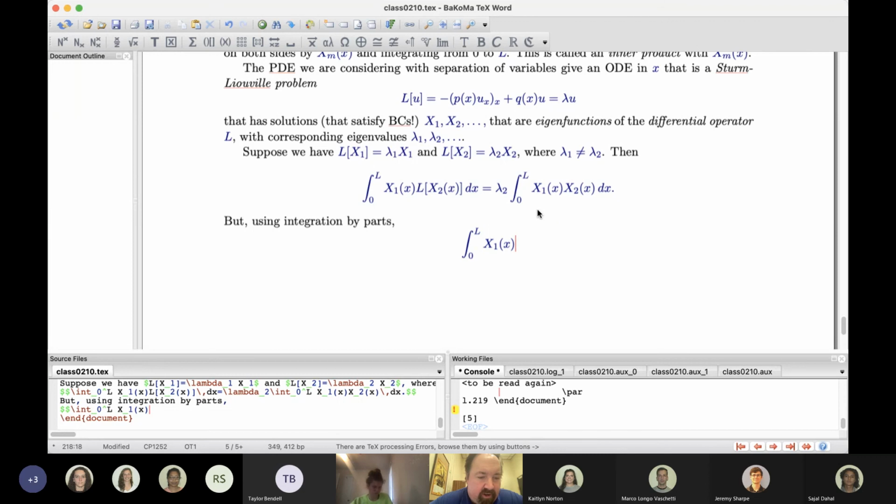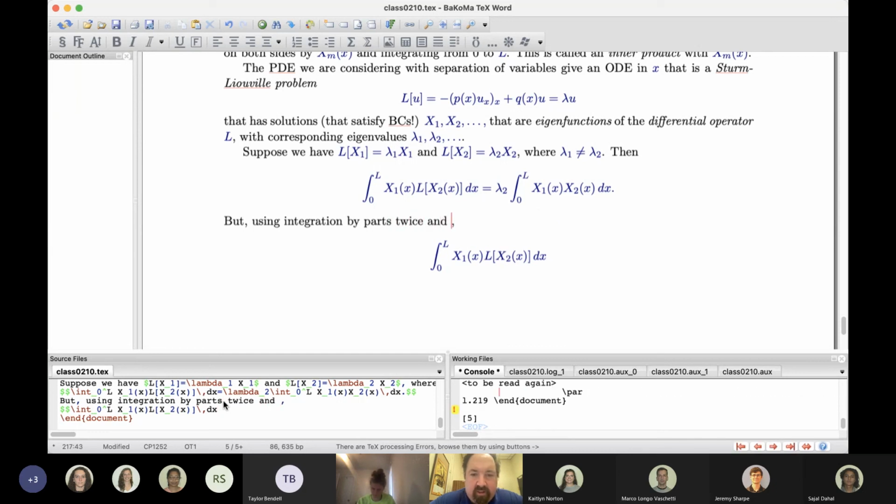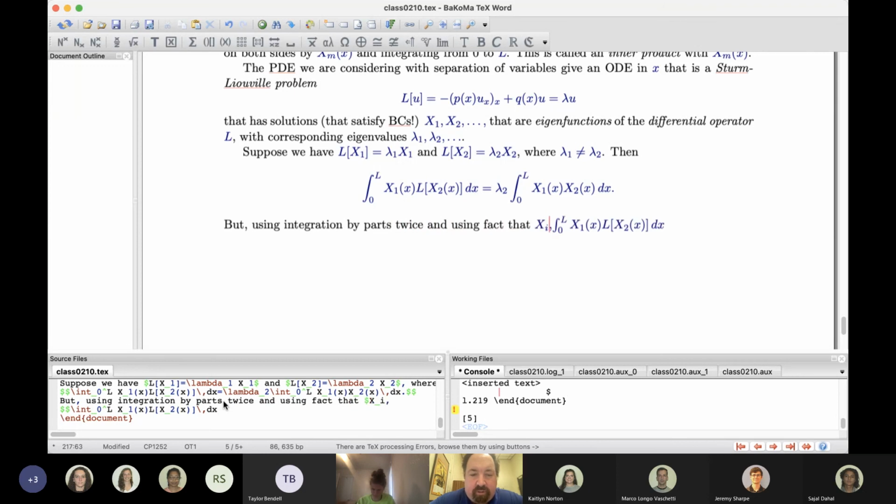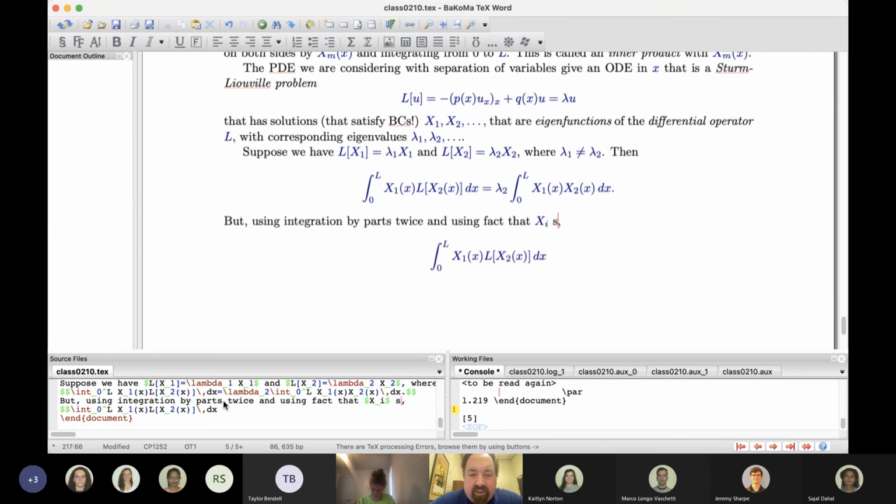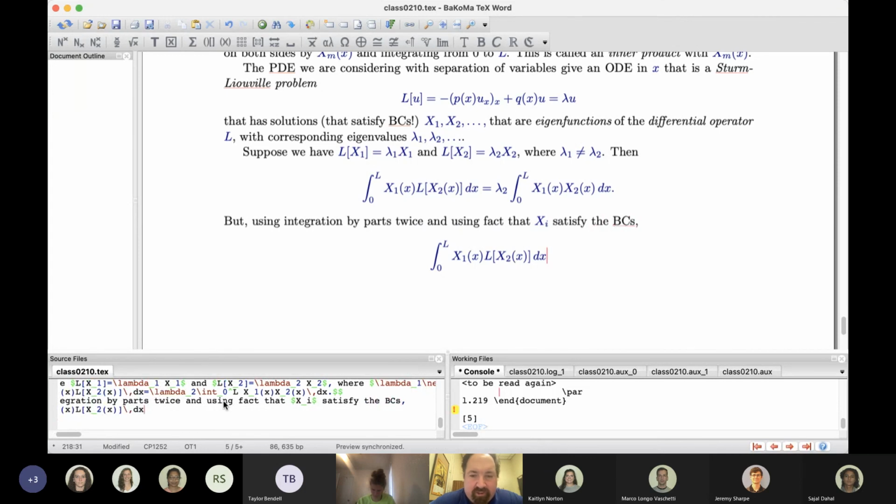I won't go through all the details here, but this same integral, using integration by parts twice, and using the fact that both of these functions, the xi's, satisfy the boundary conditions, so both facts are essential, happens to be the same as if I put the shoe on the other foot. If I had x2, I'd apply L to x1.